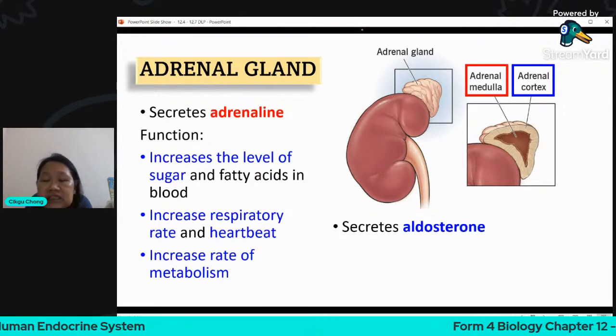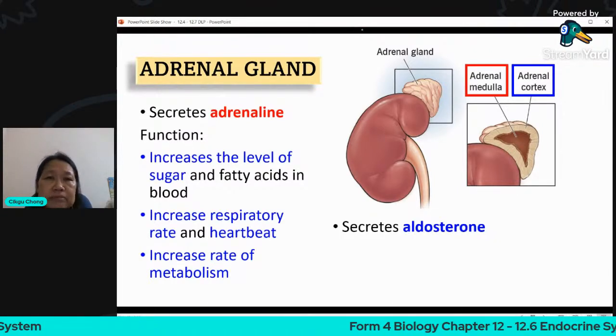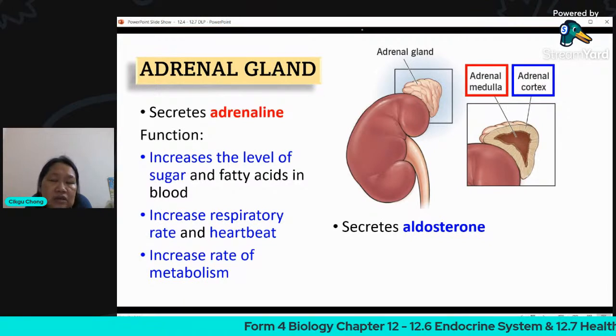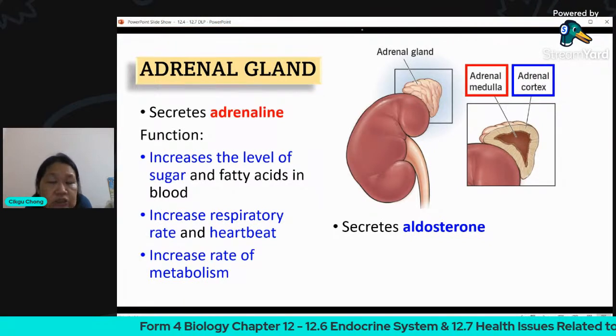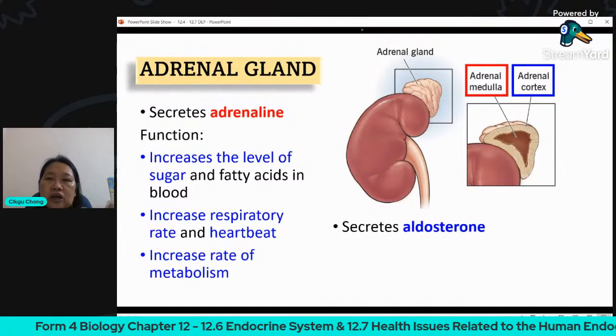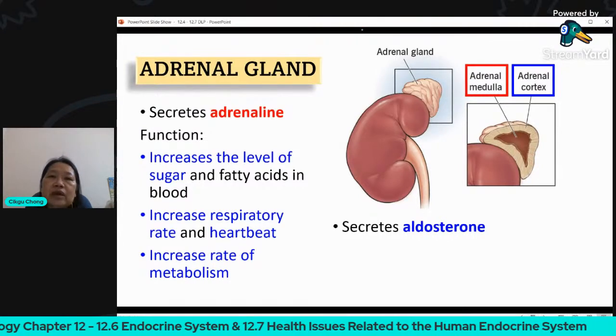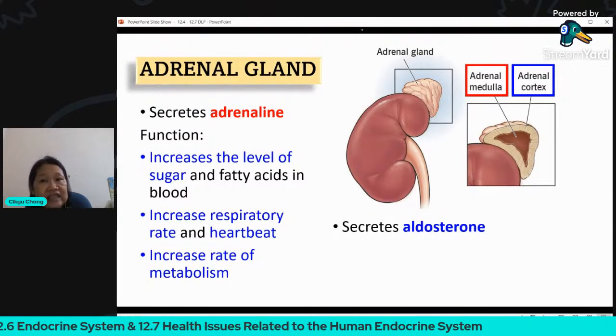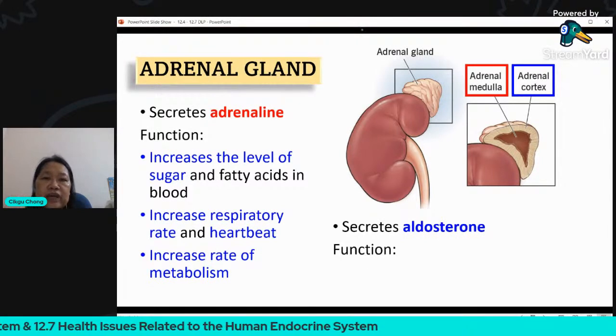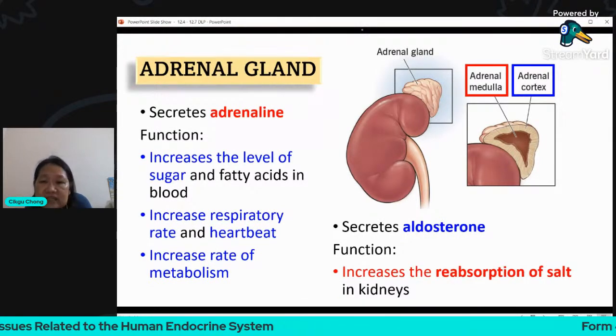Aldosterone has a different function. Nothing to do with the anxious one. When aldosterone is released into the blood, it goes to the kidney. It will stimulate reabsorption of salt in the kidney.